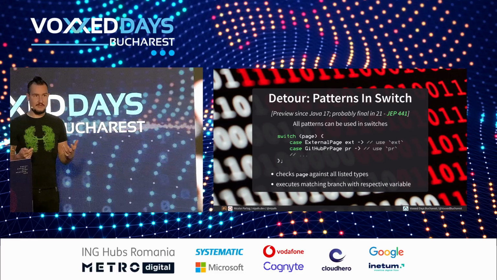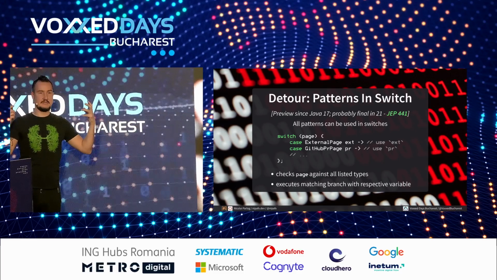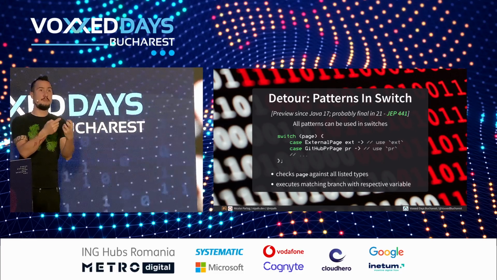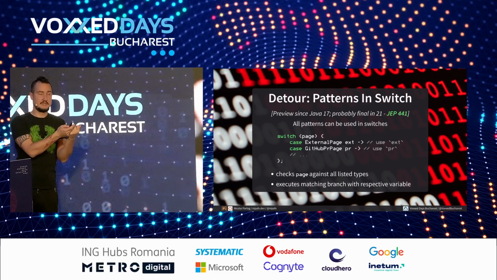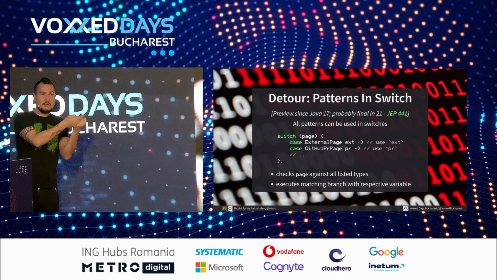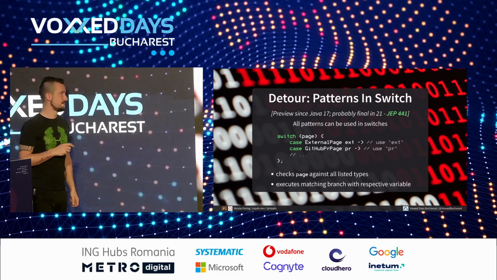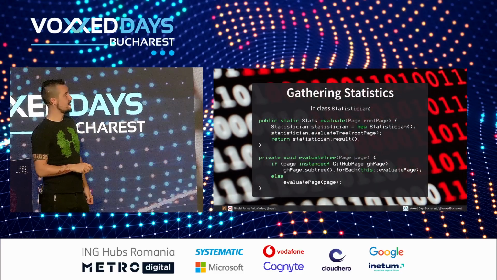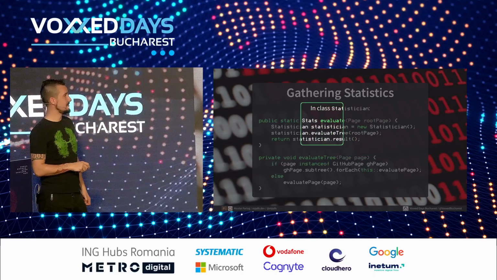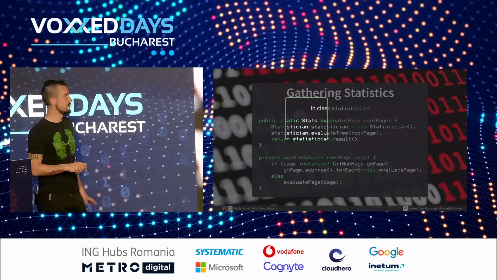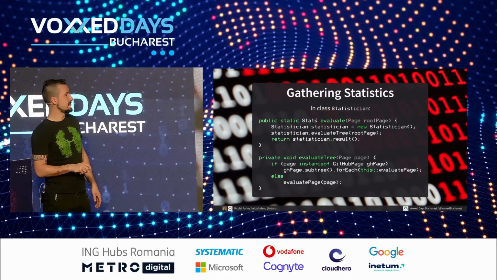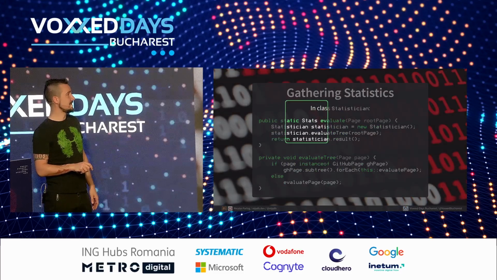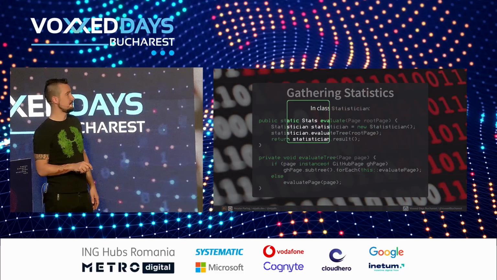And we can put that together, type patterns and pattern matching, to now operate on a page object by looking at its specific type. Okay, so let's say we do this here. We want to evaluate statistics, right? So the static method, you could call it a function if you want to, is called evaluate, and gives back a stats object, and as input, it takes a page.